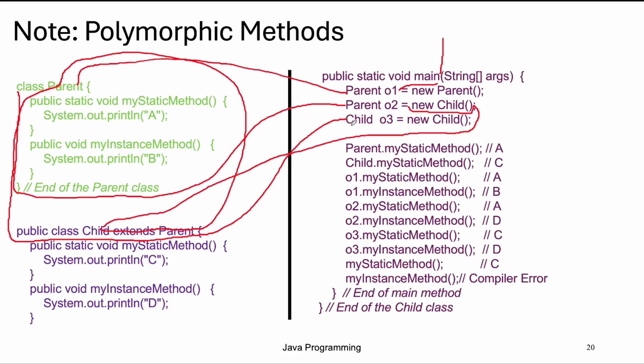This line says child O3, whose object is an instance of the child. So again, this will also perform the same.